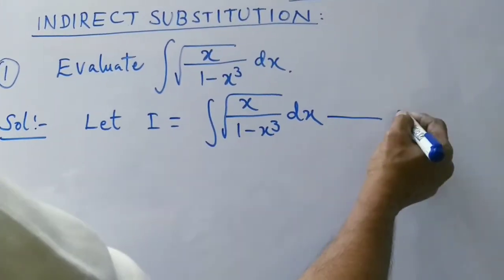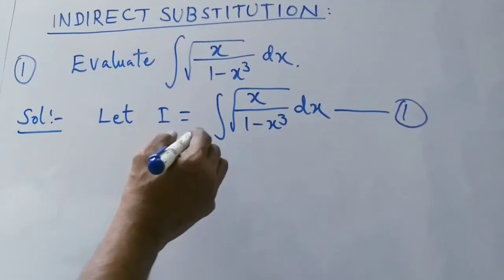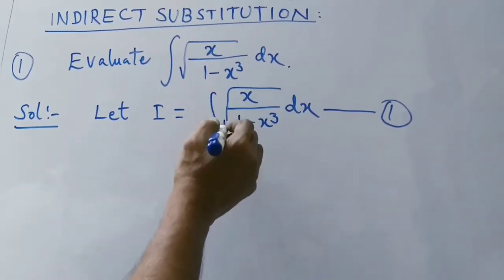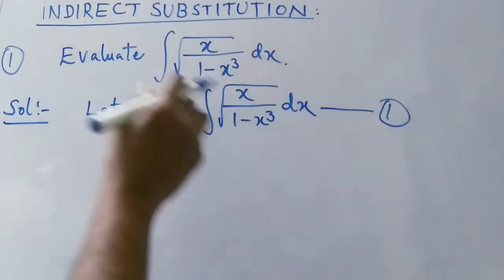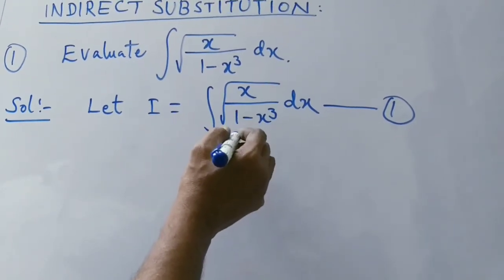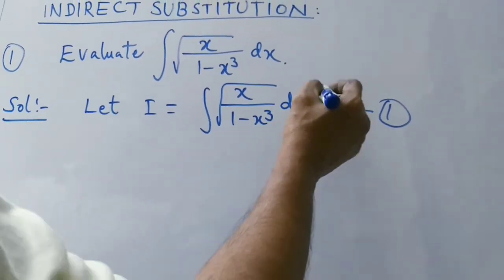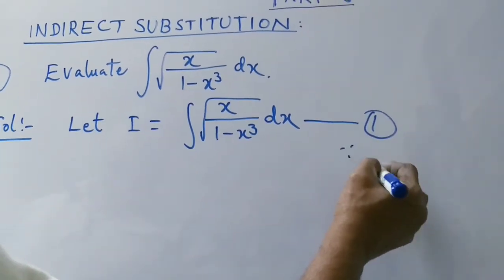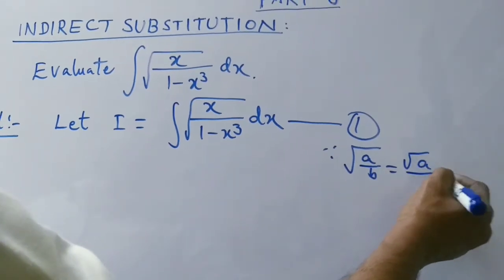It indicates 1. Now we have to separate the numerator and denominator in this fraction. The integral of square root of x by 1 minus x cube becomes root x by root of 1 minus x cube, since root of a by b is equal to root a by root b.